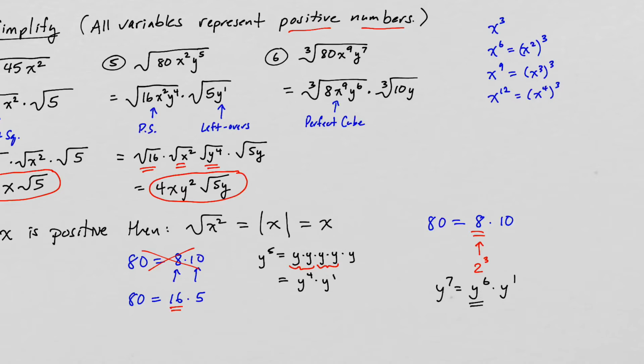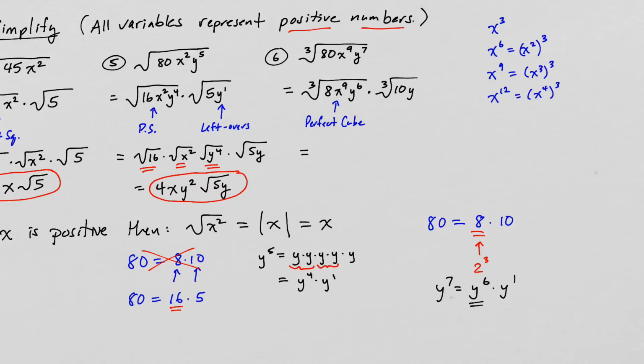So now all we have to do is simplify. The cube root of 8 is 2. The cube root of x to the 9th is x to the 3rd. And the cube root of y to the 6th is y squared. And there's a little trick for powers. When you have a variable raised to a power, all you have to do is take the index and divide it into that power.